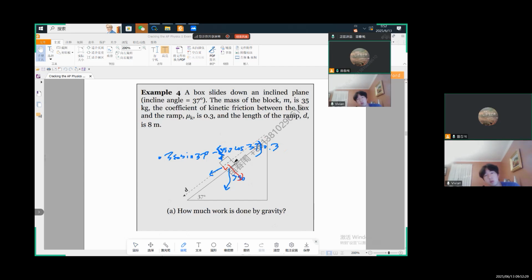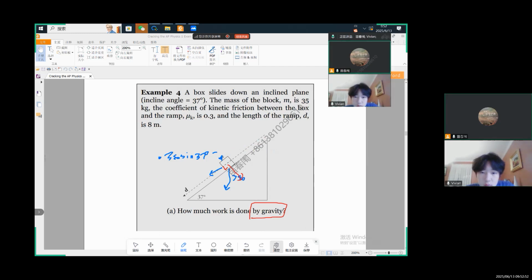Zero distance, so zero friction work. Does friction matter for this question? No, only talk about gravity's work. Friction is friction's work, right?